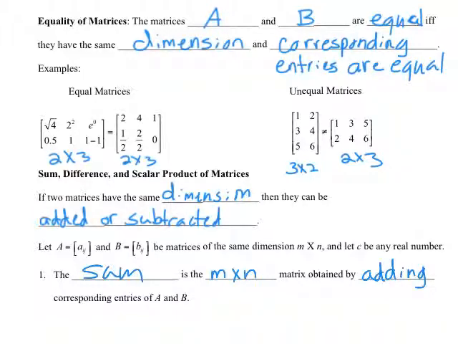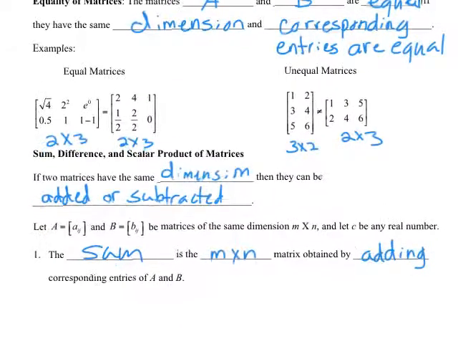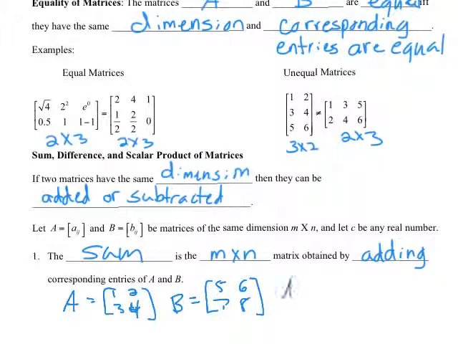So here's what that looks like. I'm going to say matrix A is 1, 2, 3, 4, and matrix B is going to be 5, 6, 7, 8. Doesn't really matter. Then if I want to add A to B, they have the same dimension.